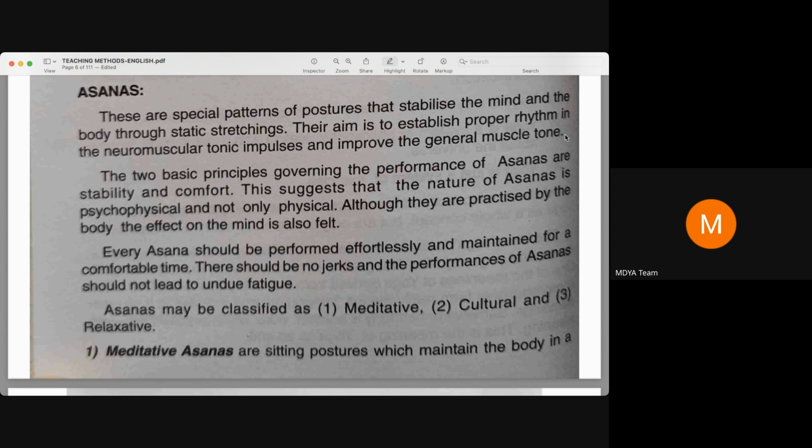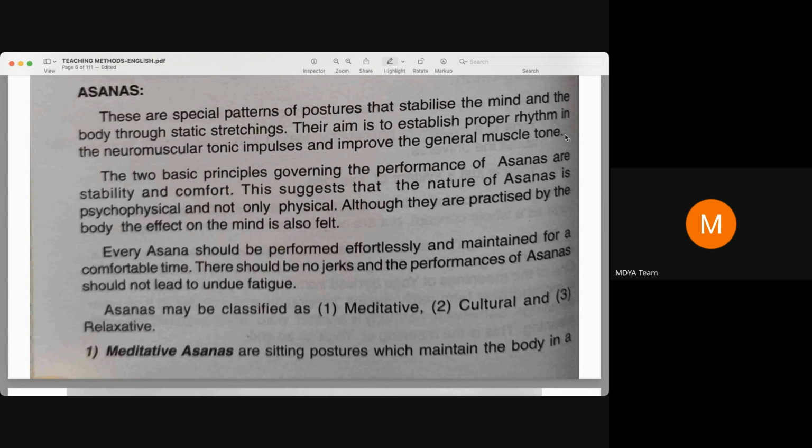You should do as per your body allows. You should not stretch too much to reach the final position of that asana. So there are various things you should keep in your mind when you do a particular asana.